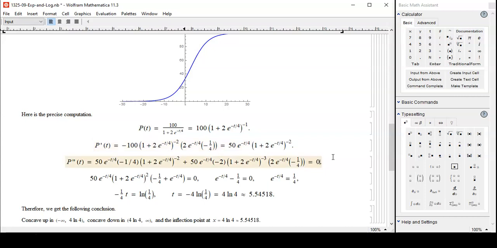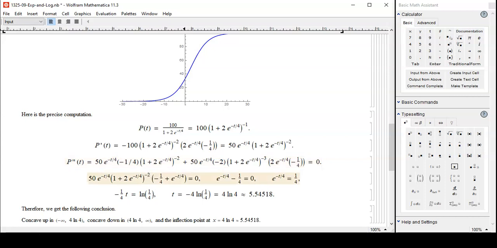And solving this equation, oh my goodness, how do you solve this equation equal to 0? Don't be too intimidated. A lot of things just cancel each other out, like 50 and 50 cancel each other out. Exponential cancels out, and so on and so forth. And then, oh yeah, this 1 plus 2 is the negative second power.